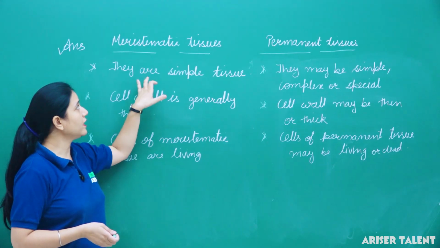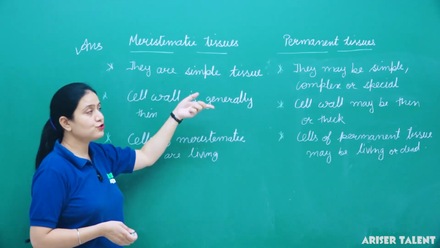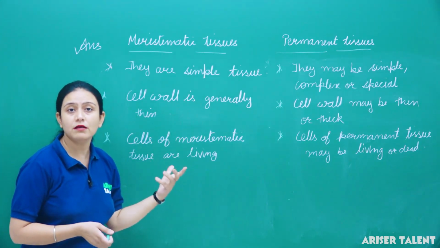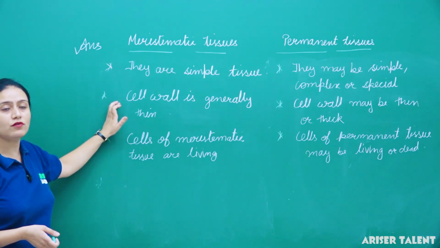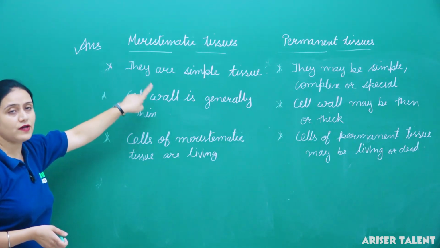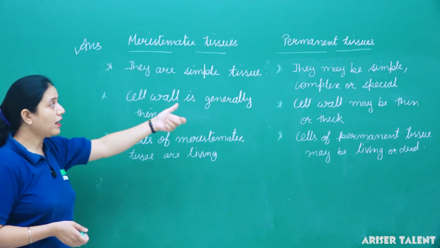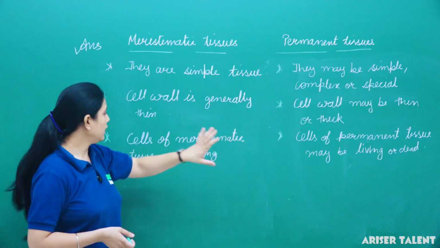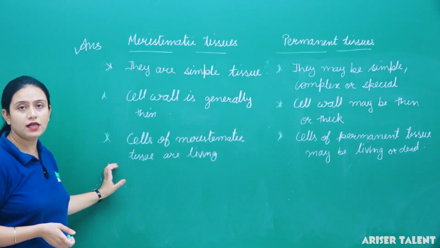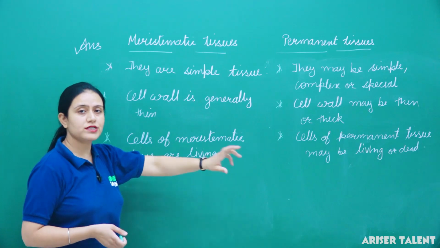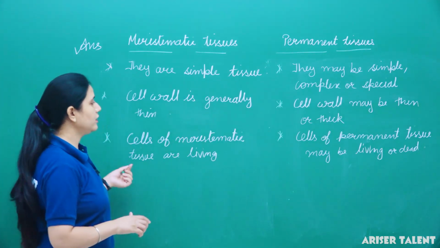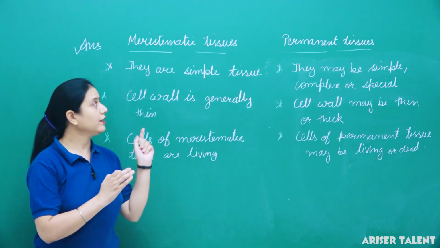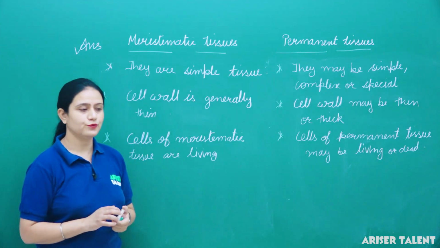Meristematic tissues are simple tissues, while permanent tissues may be simple, complex or special tissues. The cell wall in meristematic tissues is generally thin, but in permanent tissue it may be thin or thick. Cells of meristematic tissues are living, while in permanent tissue cells may be living or dead. Clear? So these are the important characteristics on which we have differentiated the meristematic tissue and permanent tissue.